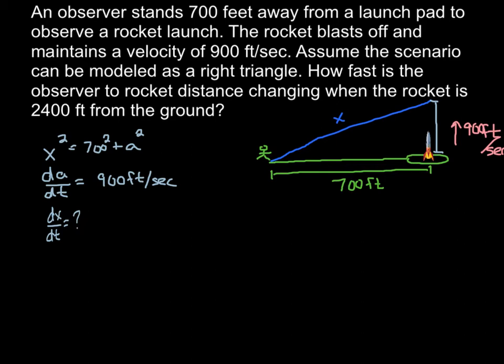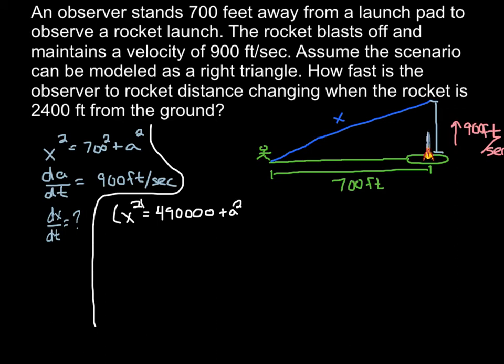So let's start with our equation. We have x squared equals 700 squared, which is 490,000. And since we're trying to find dx/dt, let's take the derivative of both sides with respect to t.